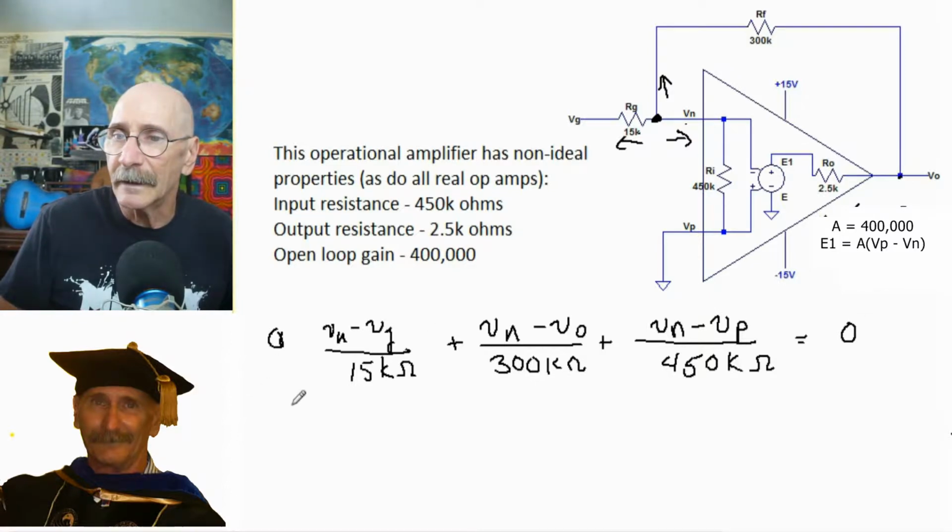Then the next one is at the Vout node, looking at the currents going away from Vout, and that's going to be equation 2.